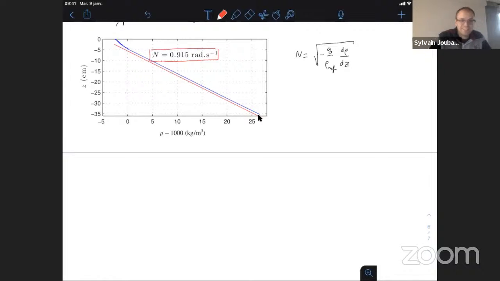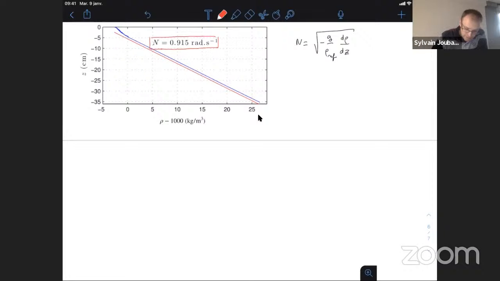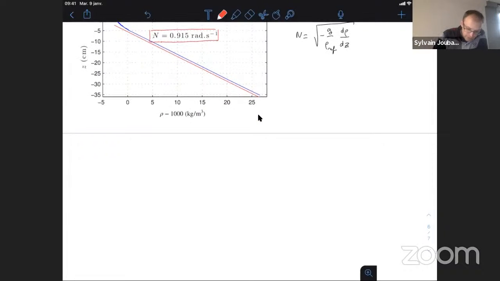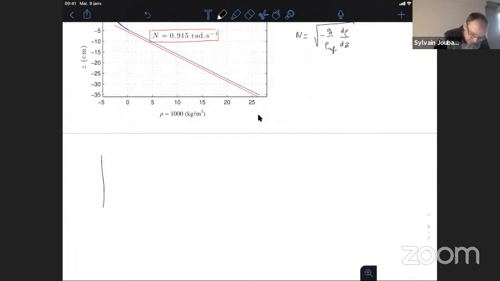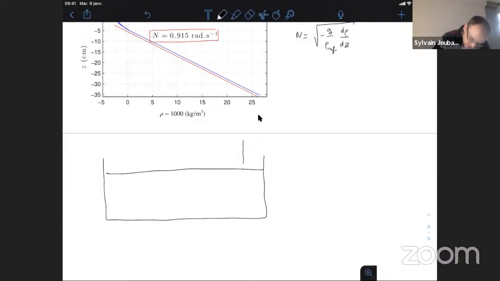Oh, yes, I completely forgot to say it. Thanks for the question. In this case, when it's for salt, the measurement is done using a conductivity probe. Basically, you have your tank, you have the water, and here you have a system.